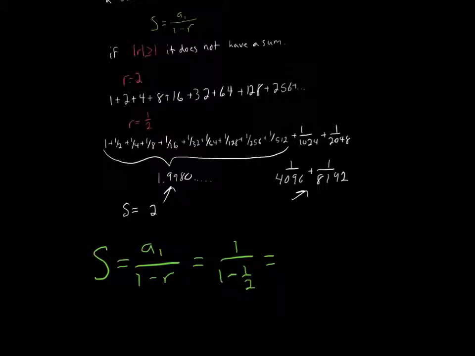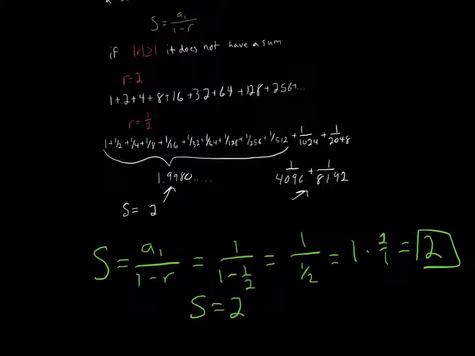Okay, so we got 1 over, and 1 minus 1/2 is 1/2. And when we divide by 1/2, it's like multiplying by the reciprocal. So it'd be the numerator times the reciprocal of 1/2, which is 2 over 1, or 2, which gives me 2. So the sum of that infinite series would be 2.